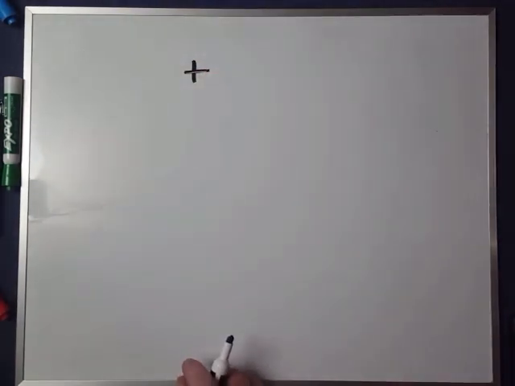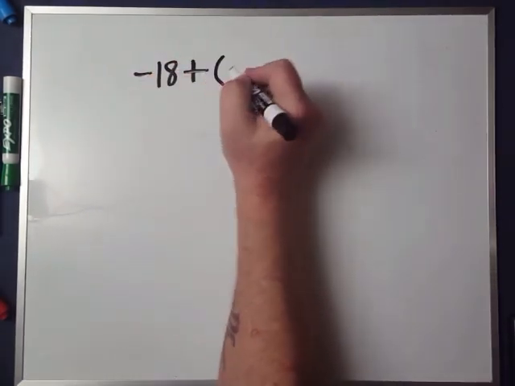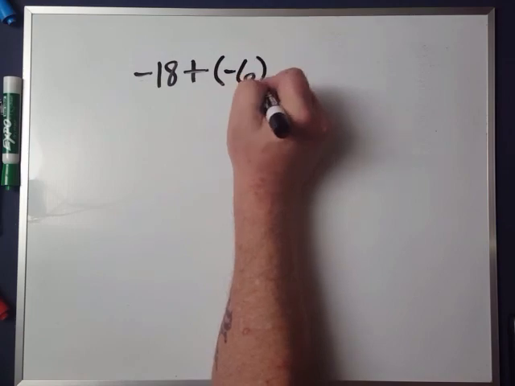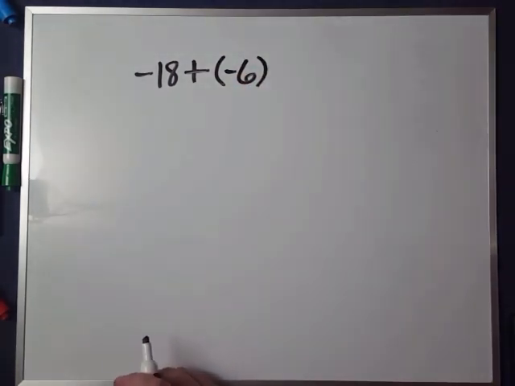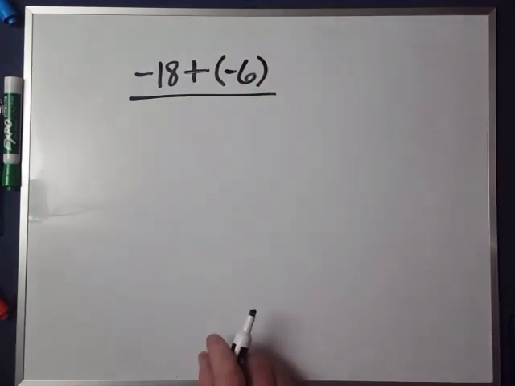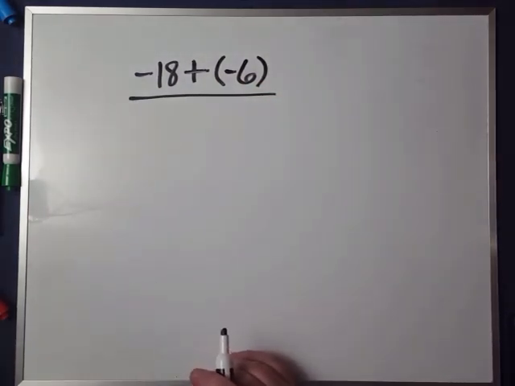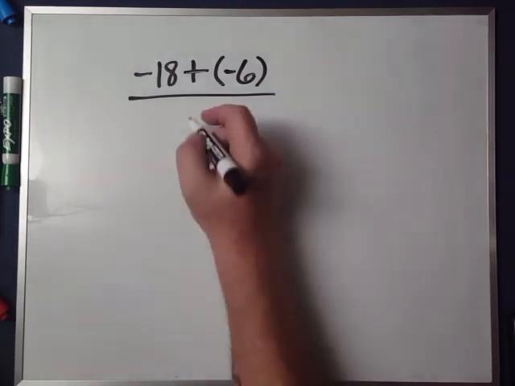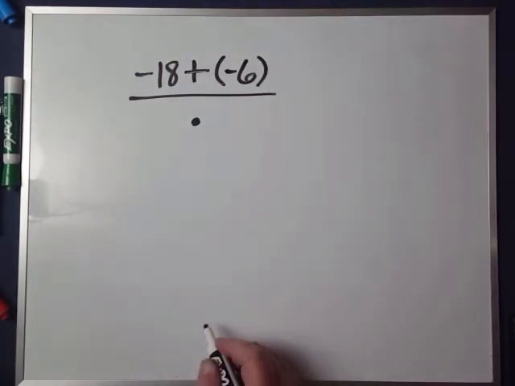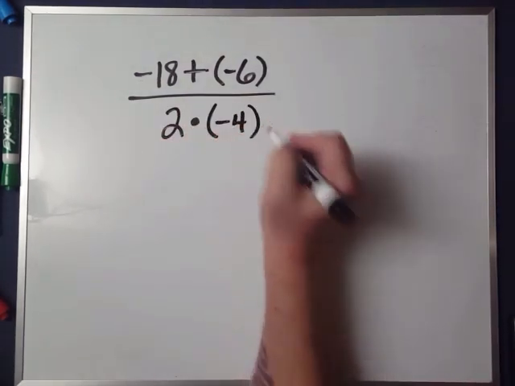I got that part. The sum of what? Negative 18 and negative 6, comma, meaning that whole thing is now what? Divided by. The whole thing divided by. Divided by what? The product of. The product of what? 2 and negative 4.